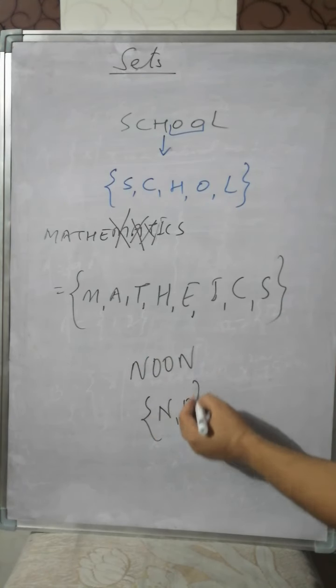Or someone could also write it like this: x such that x is an even natural number, strictly less than 11. And it could also be written like this: x such that x equals 2n. Every even number can be expressed as 2n, and every odd number as 2n plus 1. So x such that x is equal to 2n, and n belongs to naturals and n is less than or equal to 5.